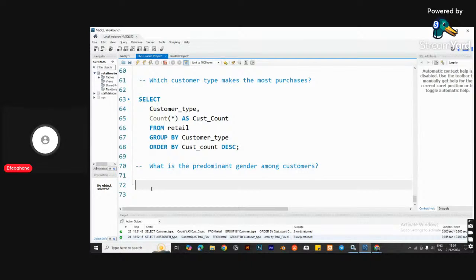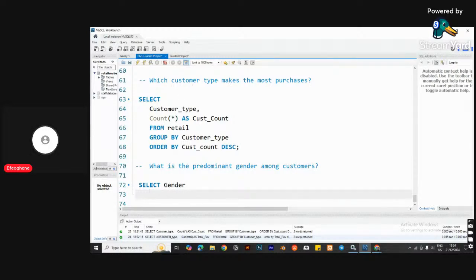So first things first, we use our select keyword. Let me type now. Select keyword. So what I was selecting: gender, as it relates to the question. What is the predominant gender among customers?